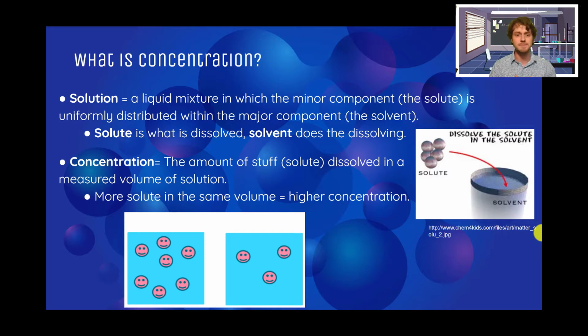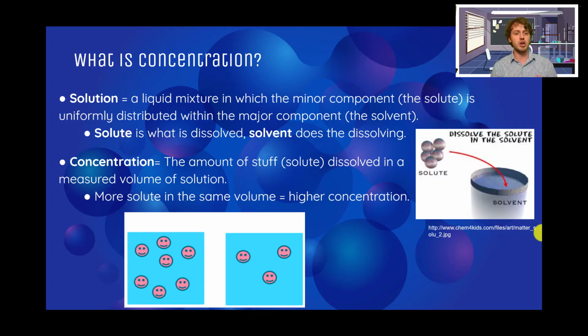When I say concentration, I am talking about how much solute is dissolved in a certain amount of solution. So if I make a 1 liter solution, how much is dissolved in it? Obviously in biology, we're going to be talking about much smaller volumes, but I still want you to think about concentration in terms of how much stuff is in that given volume.